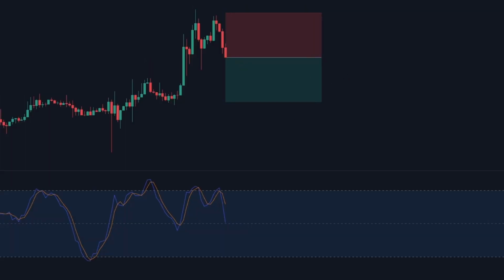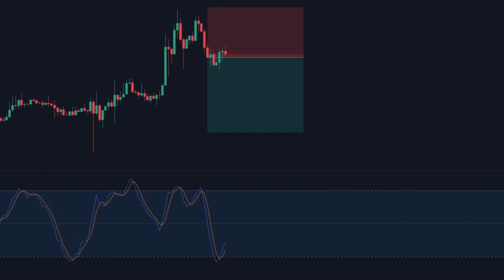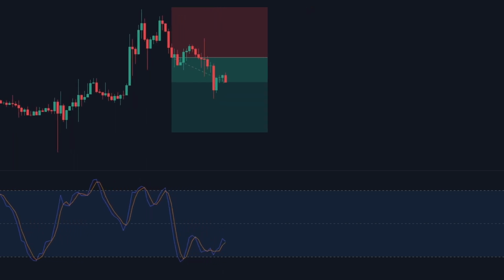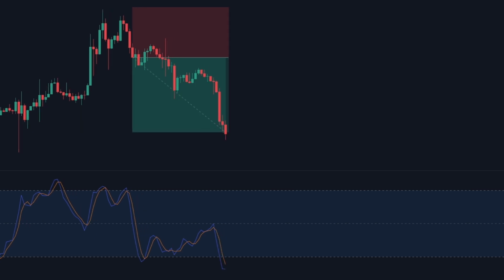You can set your stop loss at the last swing high, and set the take profit at 1 to 1.5 times the value of the stop loss. As anticipated, the price reaches our take profit point.